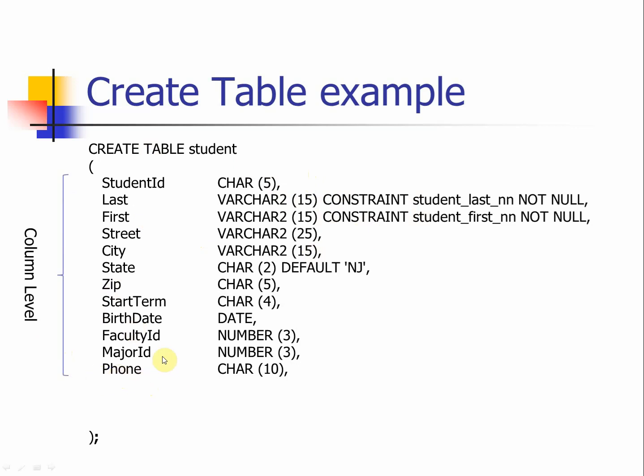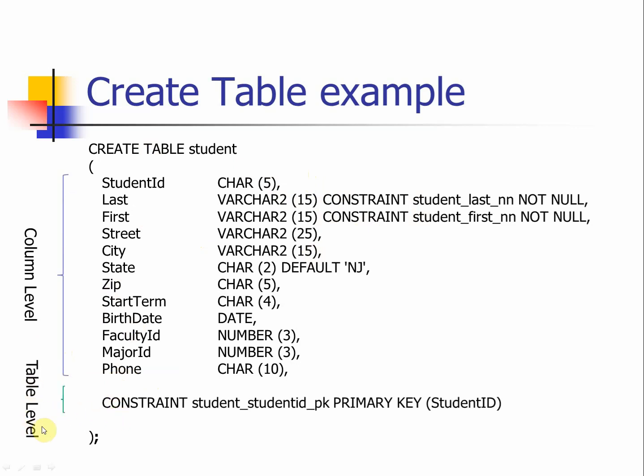On top of that, after we define all of the attributes, we enter into what we call the table level part of the code. Once we define all the attributes, it is the place where we are not going to define any more attributes, and we enter a zone called table level. So we can also add constraints at the table level.